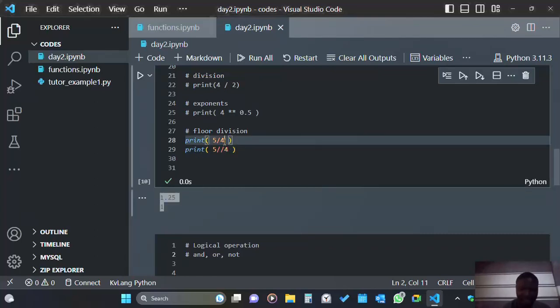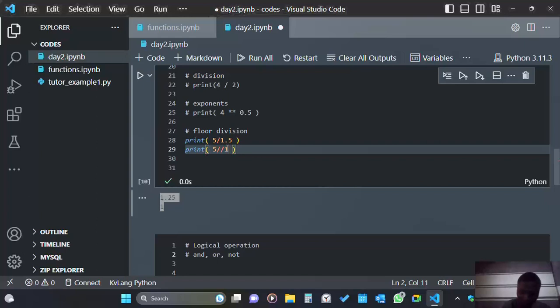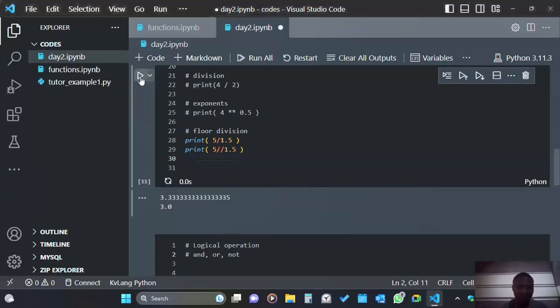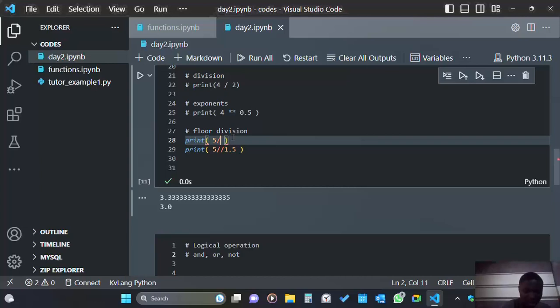Let me show you another example. 5 divided by 1.5, we're expecting to get 3 point something. Yes, 3.333. Let me see if I can get something that has a 0.5 decimal place.